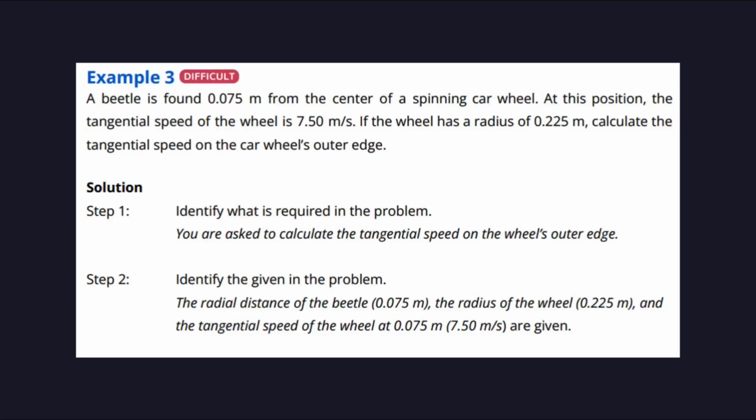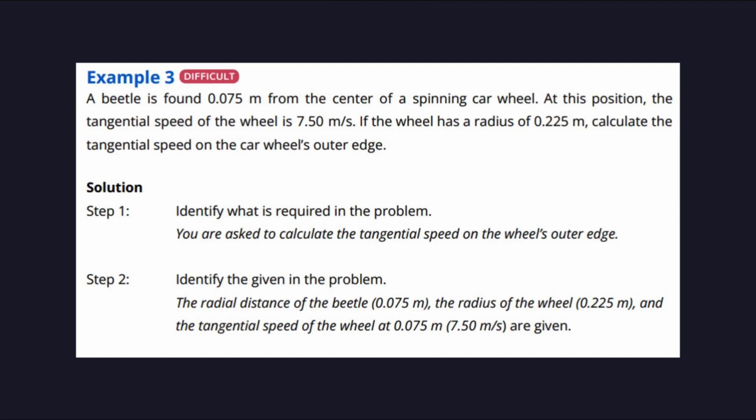Last example is, a beetle is found 0.075 meter from the center of a spinning car wheel. At this position, the tangential speed of the wheel is 7.50 meter per second.